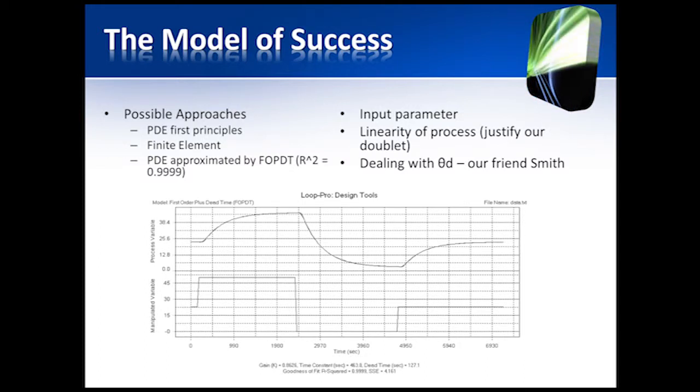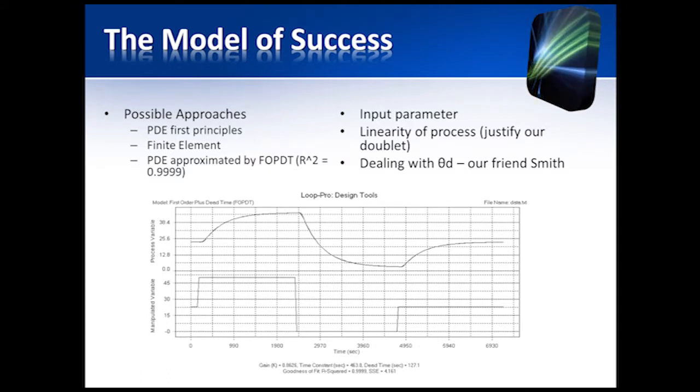We thought about doing a finite element analysis where the rod was divided into several nodes from the base to the tip, but we also abandoned that idea and ended up using Dr. Hedengren's partial differential equation model and actually approximated that model with a first order plus dead time model. In this case, it worked out really great. We had an R-squared value of almost 1, which for all practical purposes is awesome.